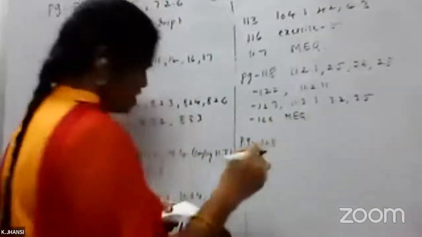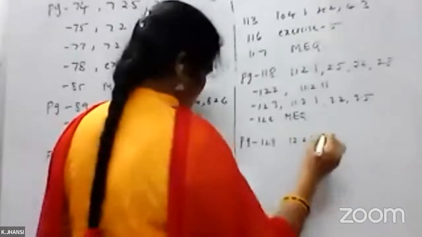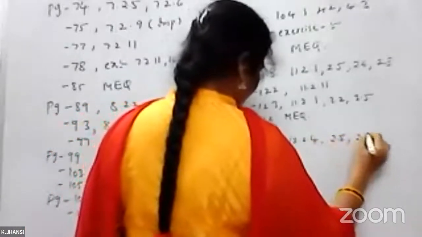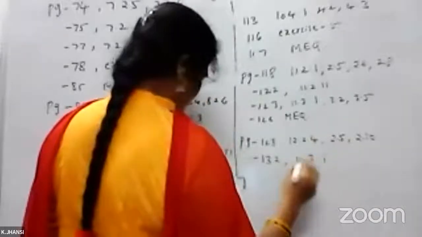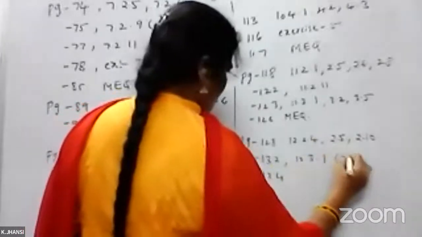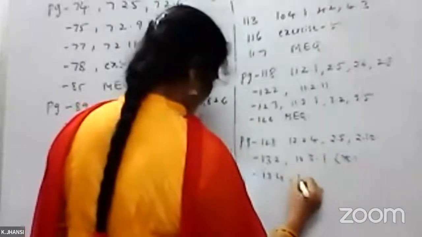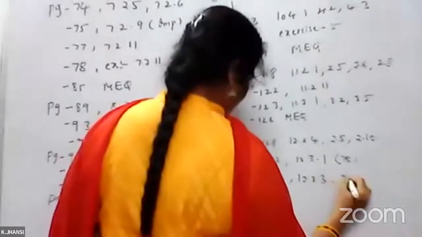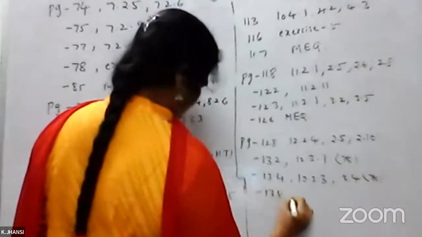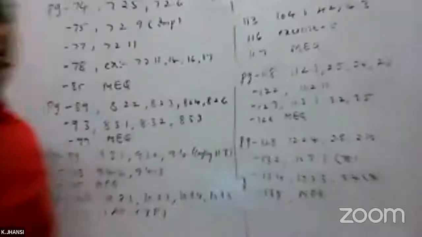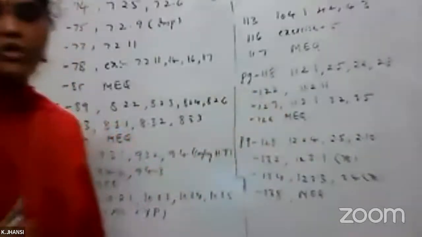Last page number 120. This is the last block we have. Okay, so these are the important questions of linear algebra.